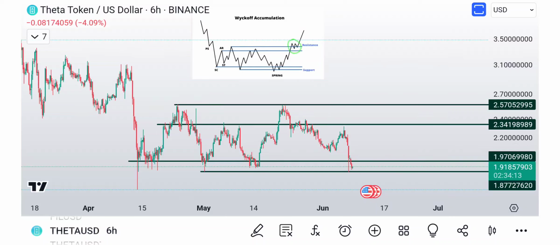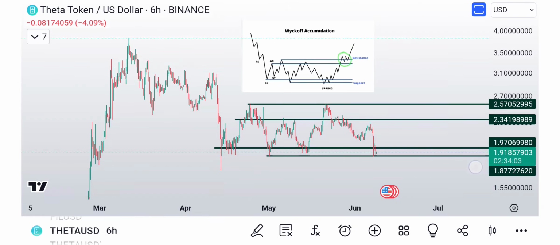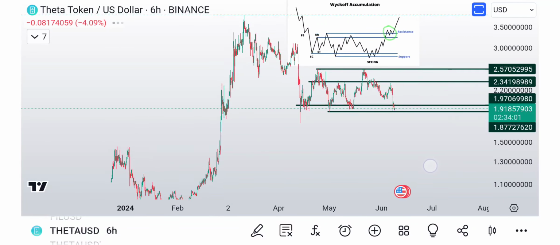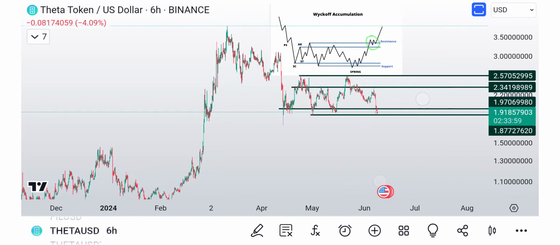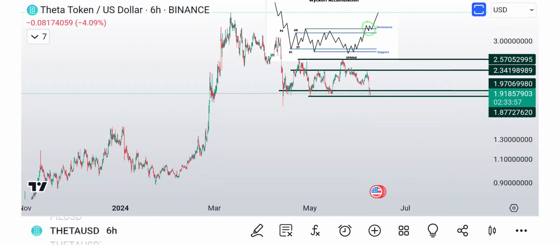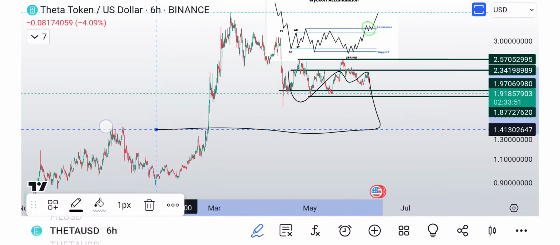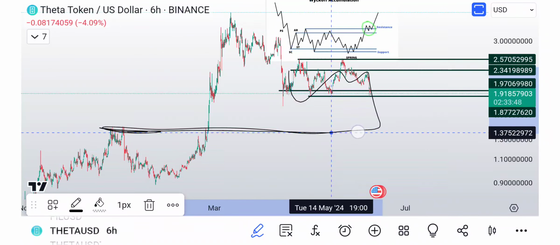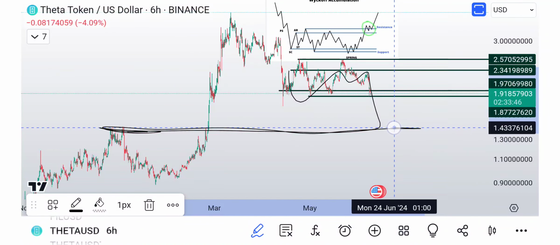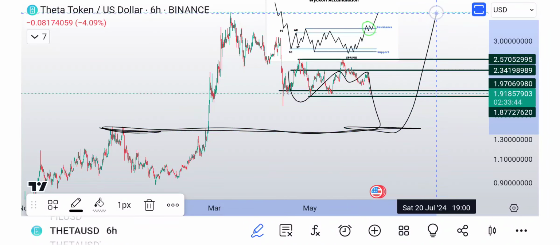So what we have here, ladies and gentlemen, is something that is designed to make you sell and to make you quit and basically give up all your coins, right? Because what have we been saying? We've basically been saying, if this range breaks, we're most likely going to come down and backtest this $1.50, $1.60 area, somewhere in here, and then continue higher.